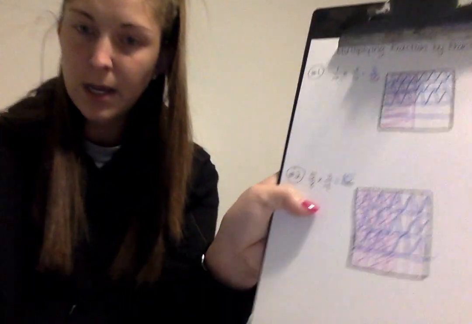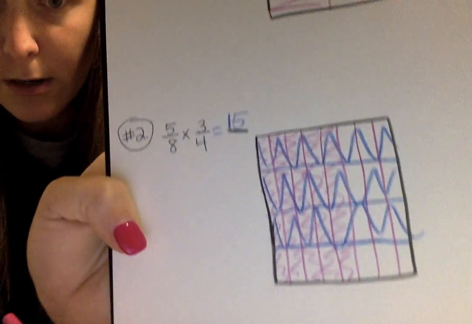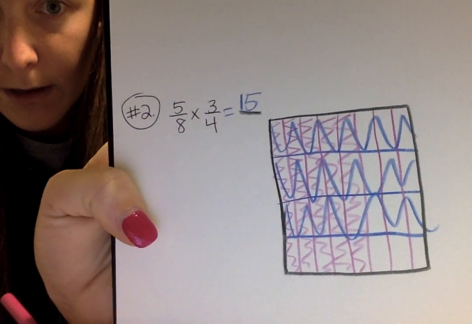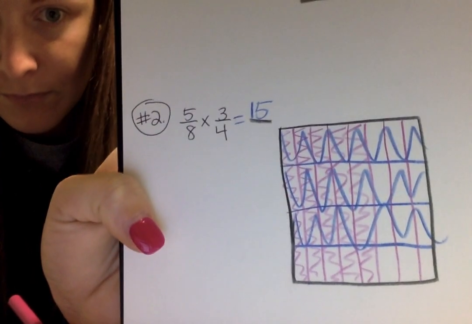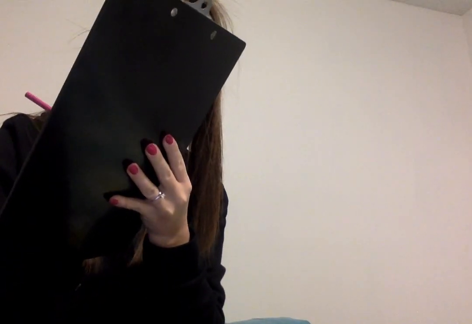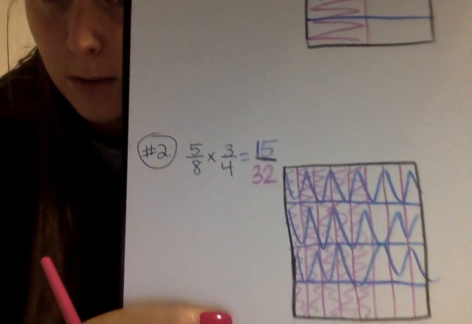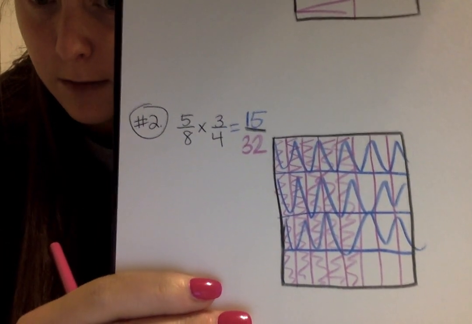So I counted 15 pieces, therefore I know that's going to be my numerator. And how many total blocks are there in my rectangle? Right, there's 32 total blocks, so that's going to be my denominator. So therefore my answer to that problem is going to be 15/32.